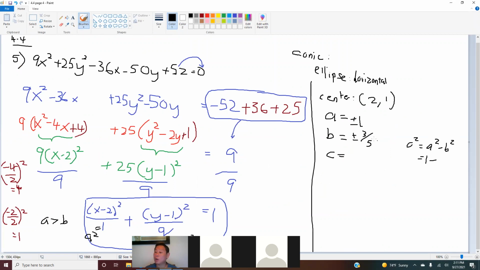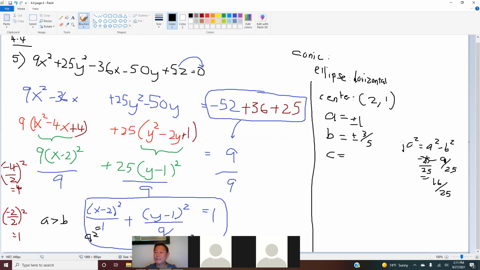B squared is not 3/5. We have to square it, 9/25. Can someone tell me what is 1 take away 9/25? This is 9. This will be 25/25 because 1 can be changed with anything. So what is 25 take away 9? 16 over, yep, 16/25.